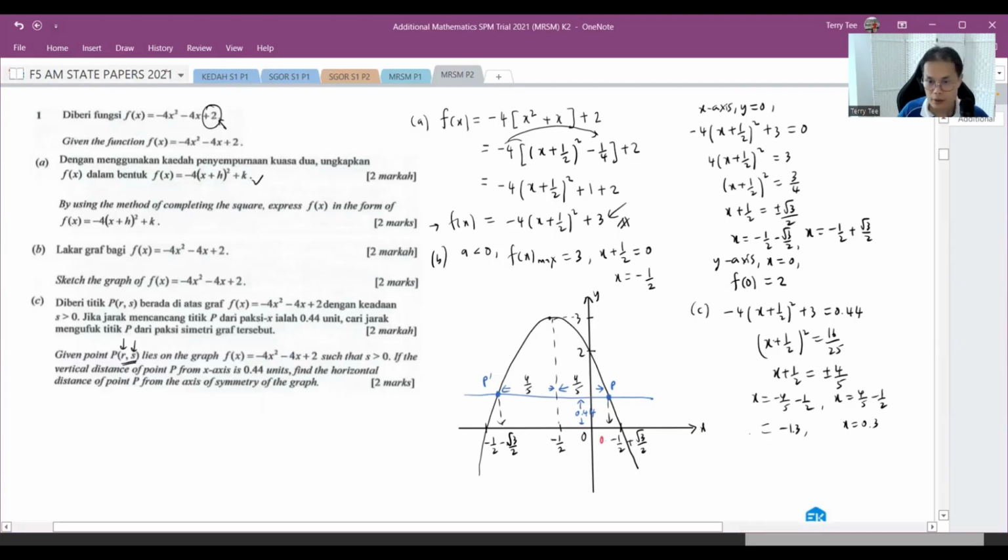This is 0.3 over here. This is negative 1.3 over here. But your horizontal distance is still the same. Your horizontal distance from the axis of symmetry is still 0.8, whether it's to the left or to the right. So we can just write your horizontal distance is just 0.8, or you can put 4 over 5. Okay.